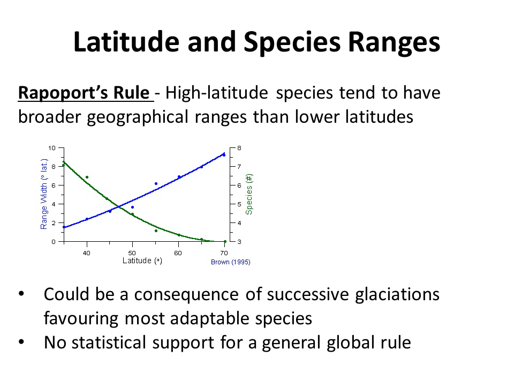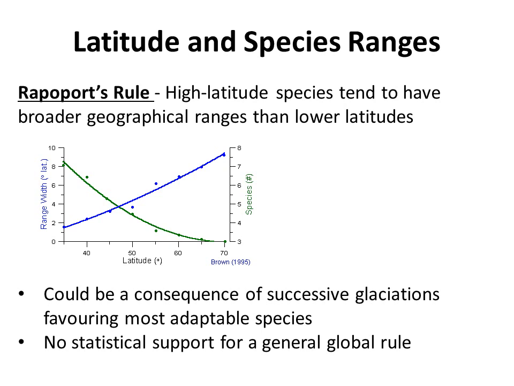Another interesting comparison between high latitude and tropical regions is that high latitude species tend to have a broader geographical range compared to low latitudes, something we call Rapoport's rule. So species diversity decreases as you increase latitude, but species ranges increase. Now, there's no statistical support for this to be considered a general global rule.